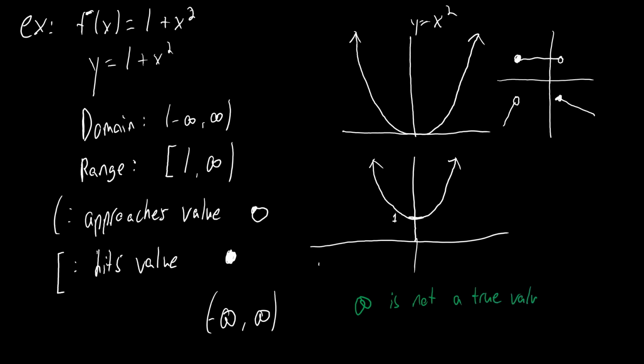It is not definable, right? We can't define infinity. Infinity is not something we can do math with, right? You can't subtract 1 from infinity and know what that value is besides just knowing it's infinity minus 1. So that's when we know it's just approaching a value. We don't actually know what infinity is. So hopefully that makes sense.